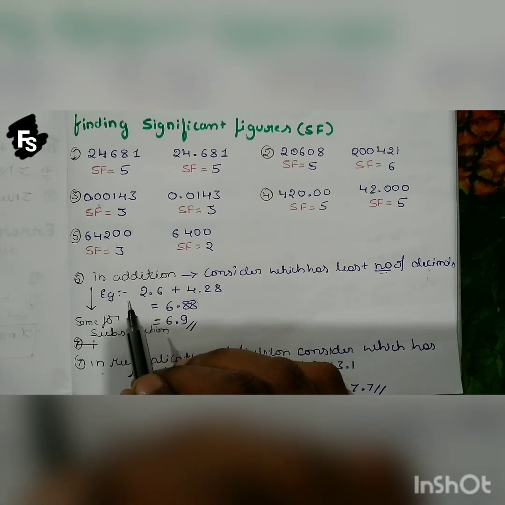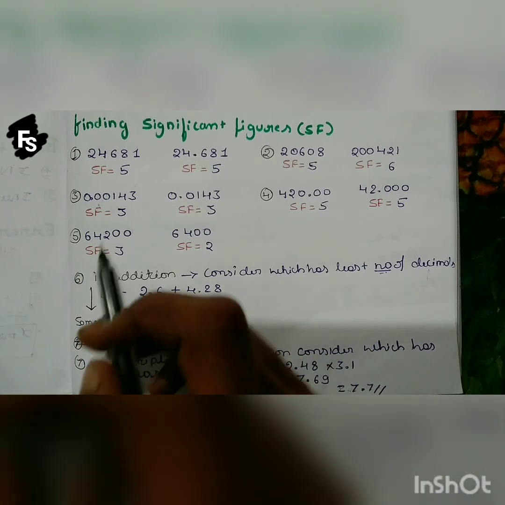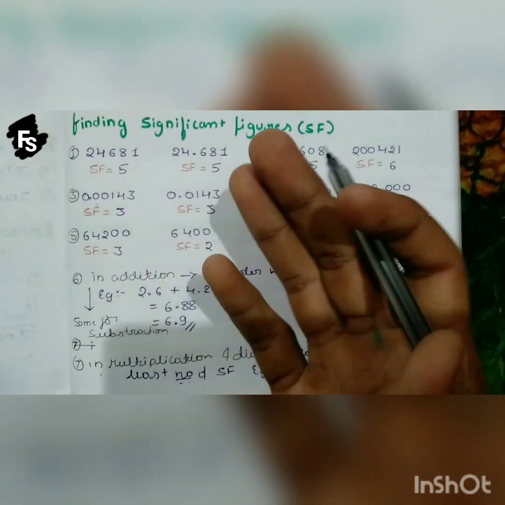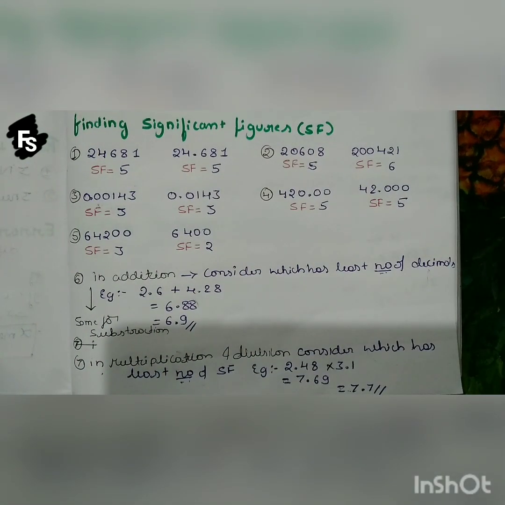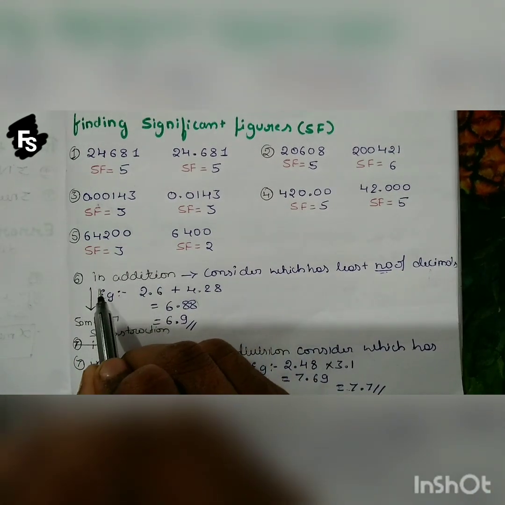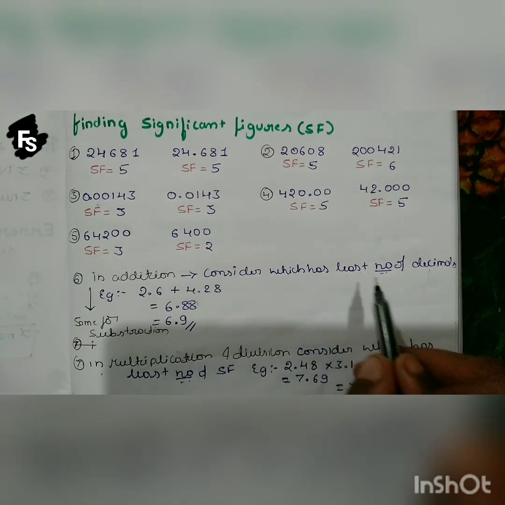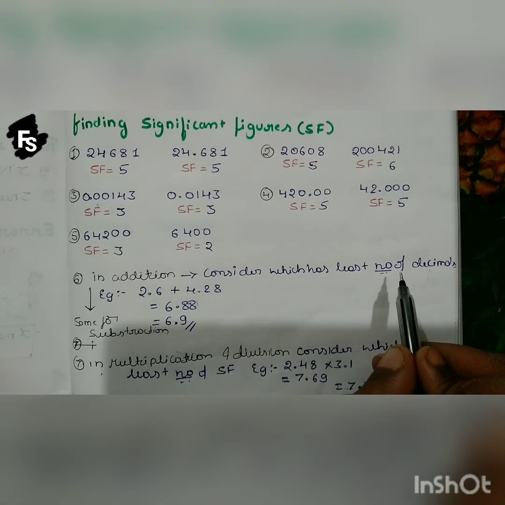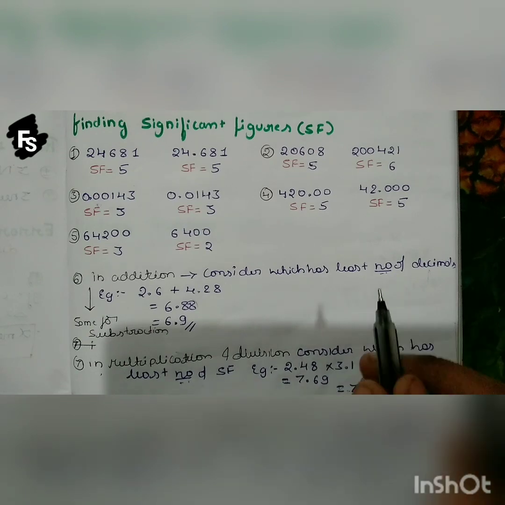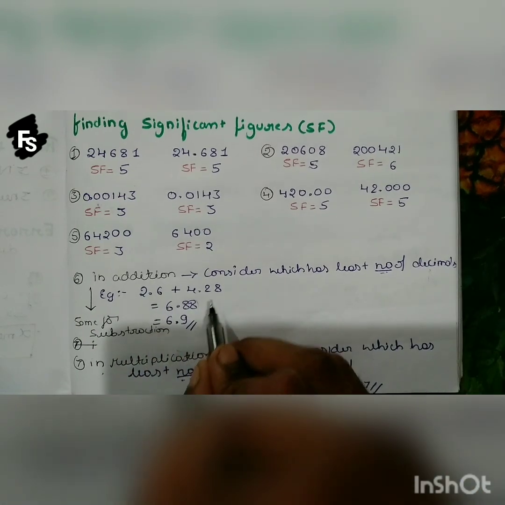You may have some doubts about how to add these decimal numbers and how to keep the results. This is the point which says that in addition, consider the one which has the least number of decimals. For example, 2.6 plus 4.28.